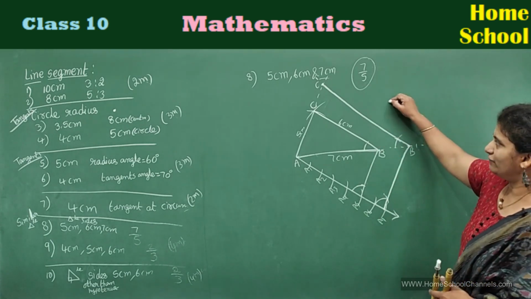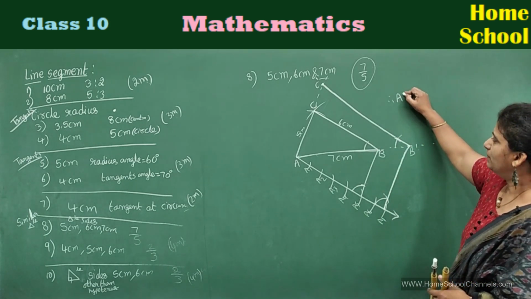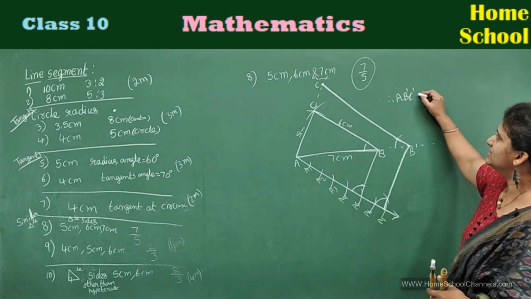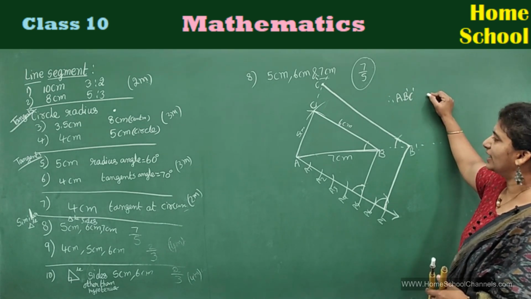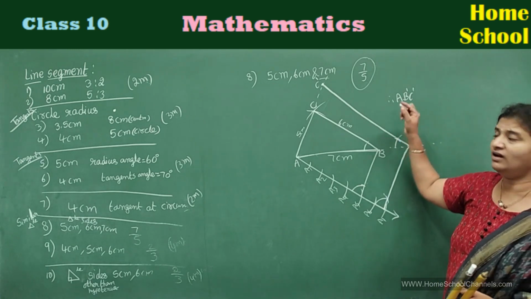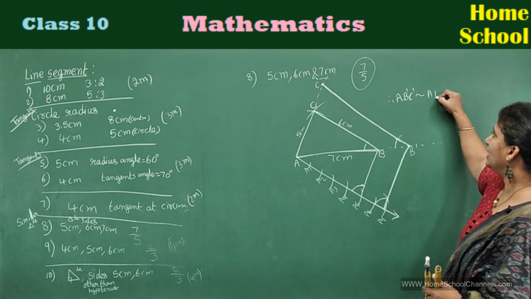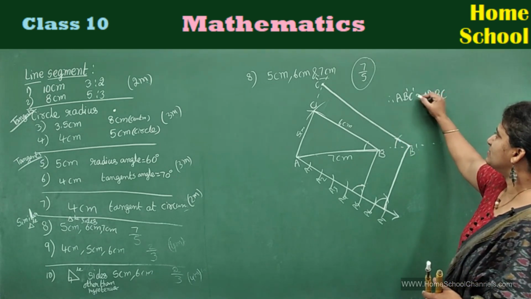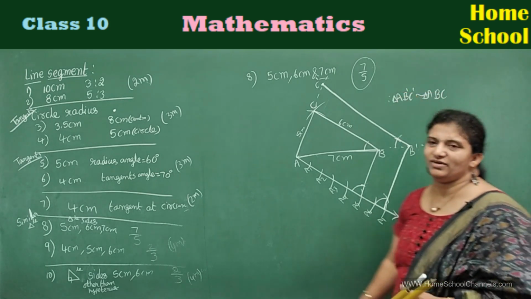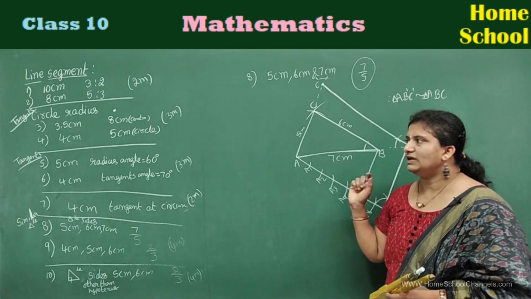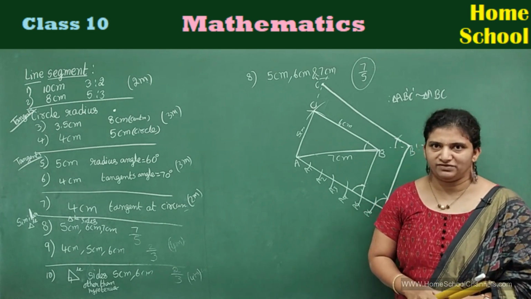Therefore, AB dash C dash is the required triangle, a similar triangle for ABC. Write neatly with all the steps carefully.